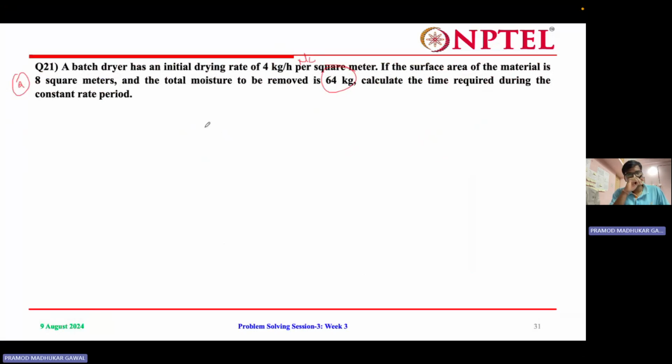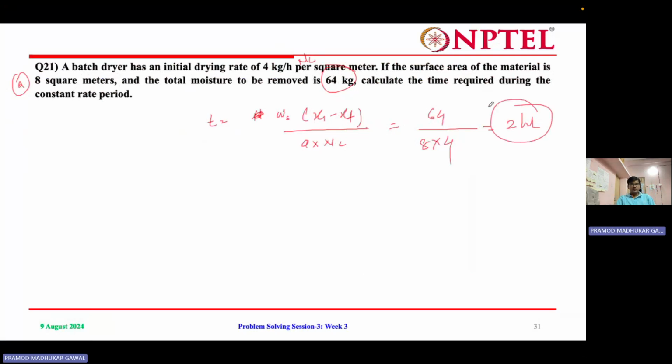So t is equal to Ws (Xi minus Xf) by A into Nc. Here the total moisture is given in kg, so we can write directly 64 divided by 8 into 4, so it's 2 hours. So 2 hours are required to remove 64 kg of moisture from the solids.